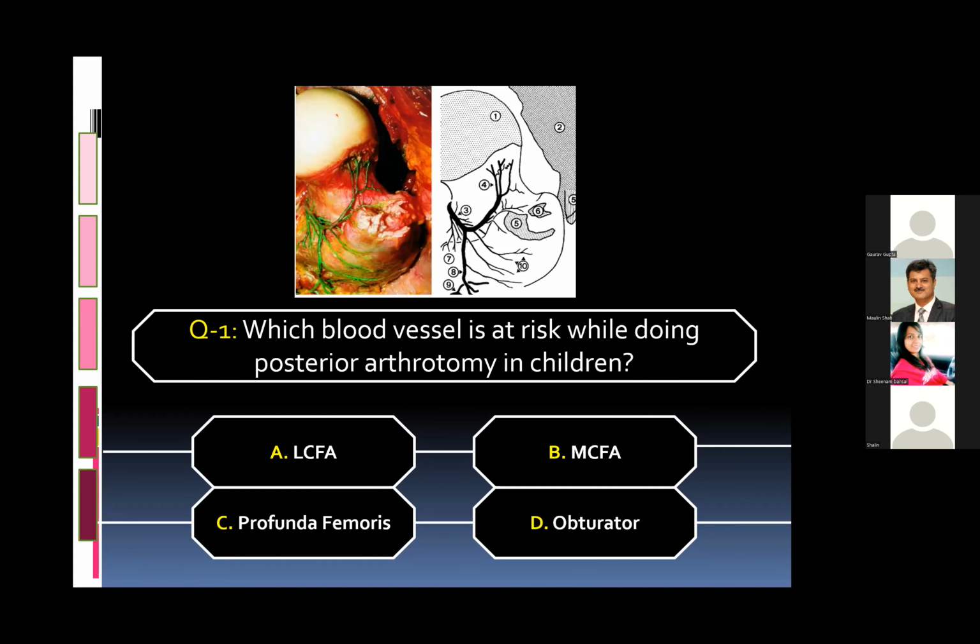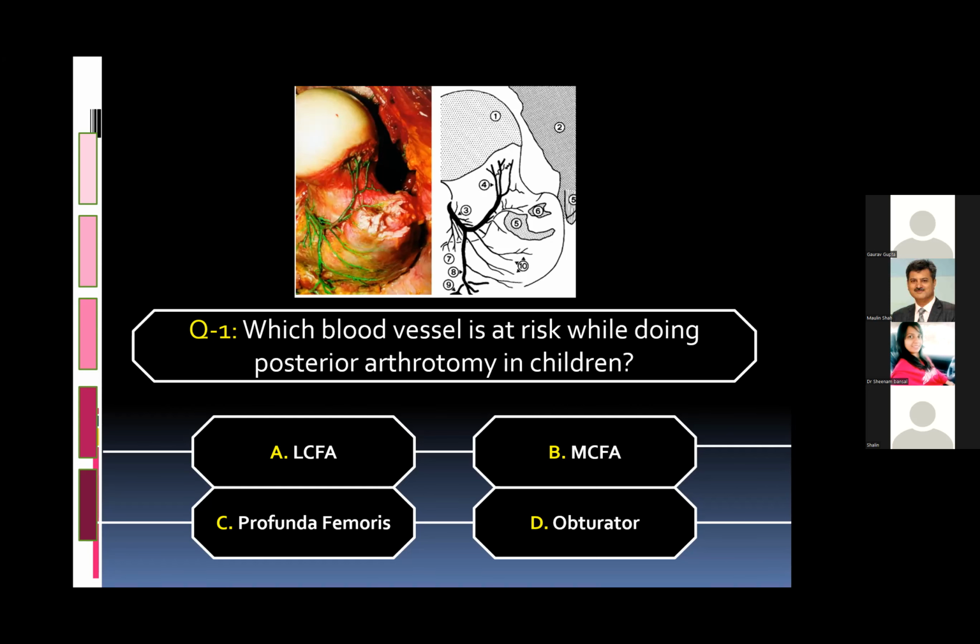So in children, whenever there's septic arthritis, we should avoid posterior arthrotomy because that may invite AVN, and one must go anterior. So MCFA is the correct answer. This is a paper published in JBJS 2012 that everyone should read.